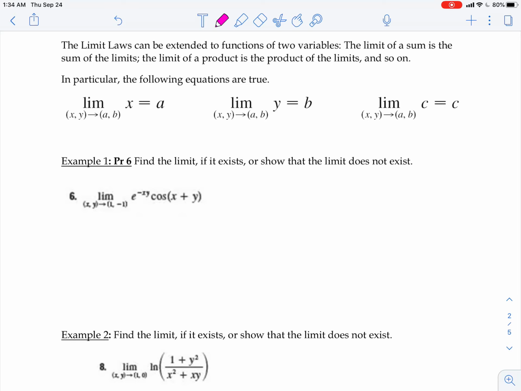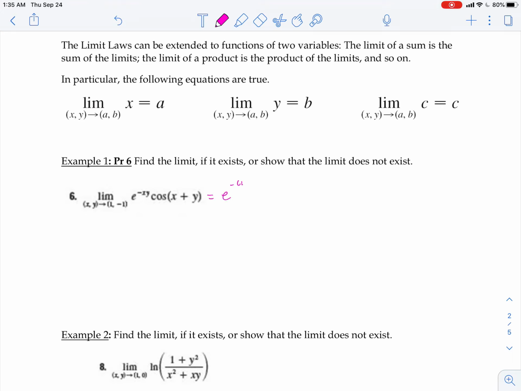For this example, we're going to find the limit if it exists, or show that the limit does not exist. The first thing that you always want to do to see if a limit exists is to substitute in your values. Here we have x and y approaching 1 and negative 1. So I'm going to substitute in.